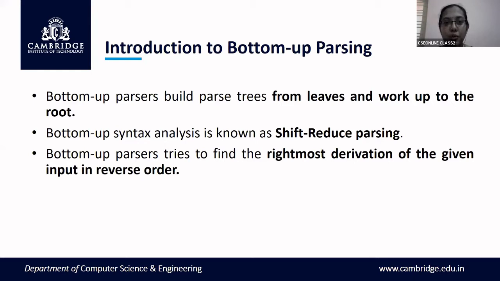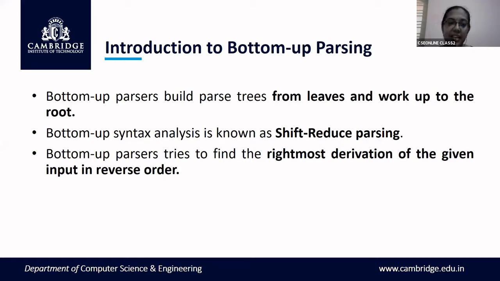Hope the main differences between a top-down parser and a bottom-up parser are clear to you. For a top-down parser, the grammar should not be ambiguous, it should not have left recursion and the grammar must be left factored. But for a bottom-up parser, the grammar should not be ambiguous, but it can have left recursion and need not be left factored.